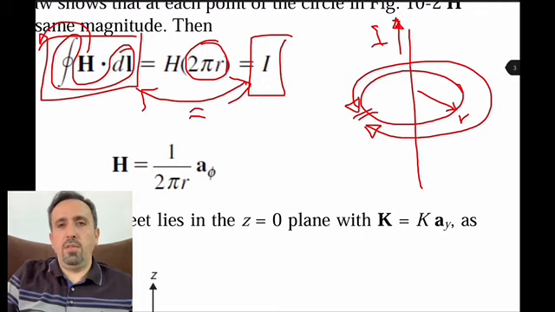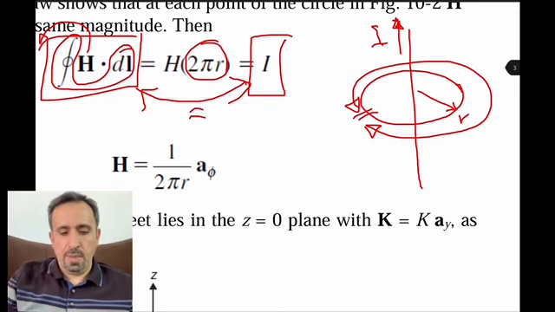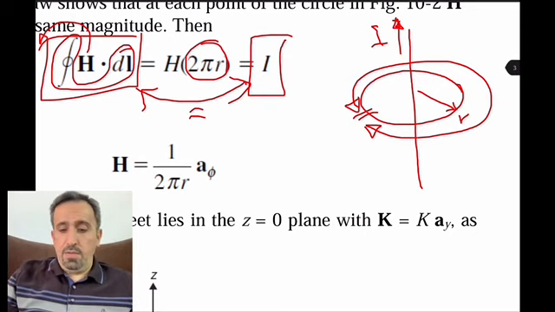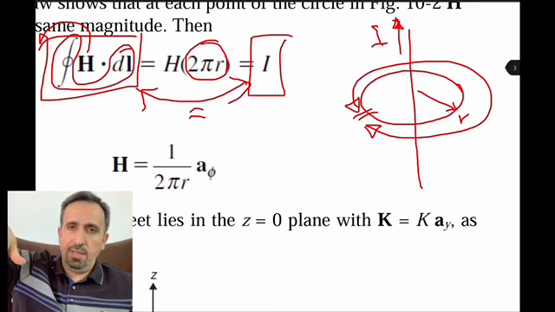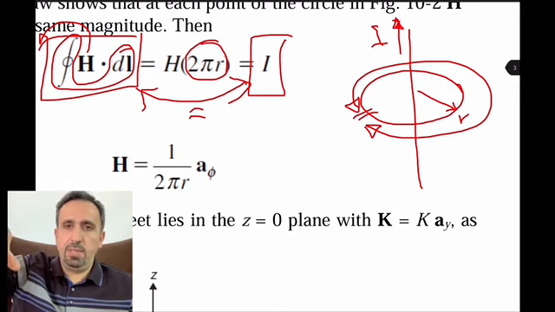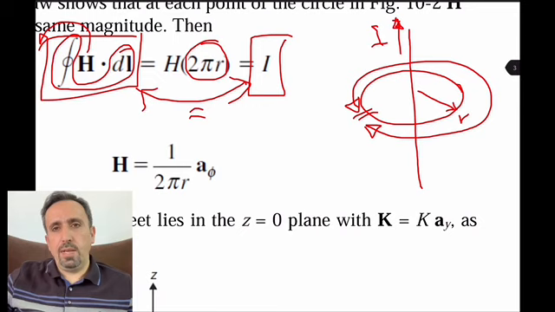Why? Even physically, if you imagine, according to the right hand rule, this is the direction of current, and these are the rings of magnetic field intensity. Having the same distance for each point of this ring, you get the same amount of magnetic field around it.